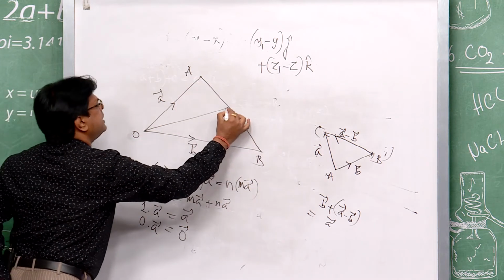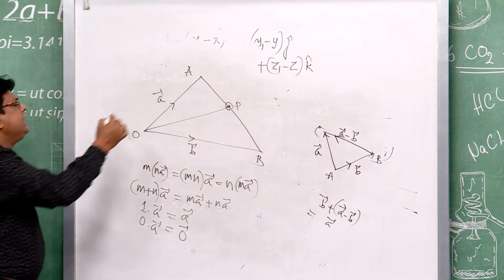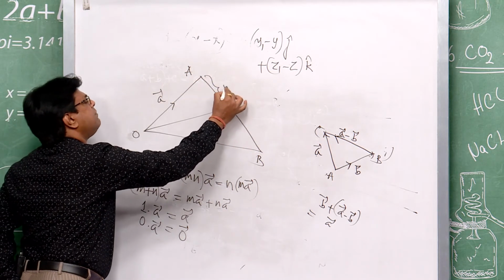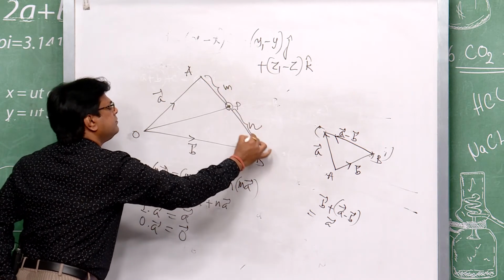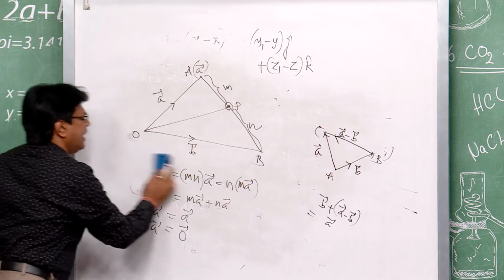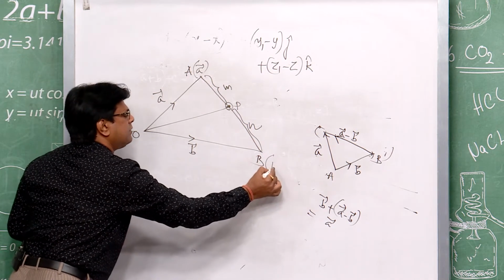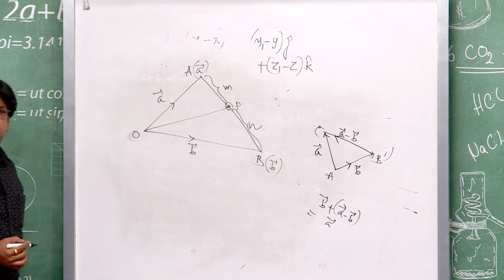Suppose this is your P, a point that divides AB internally in the ratio m is to n. A has position vector small a, and B has position vector small b.